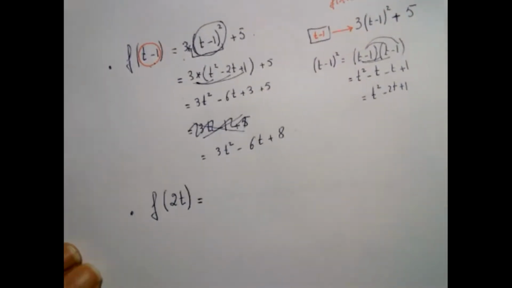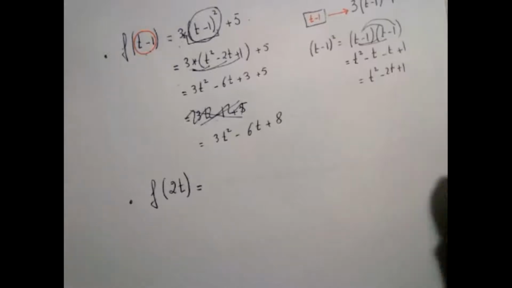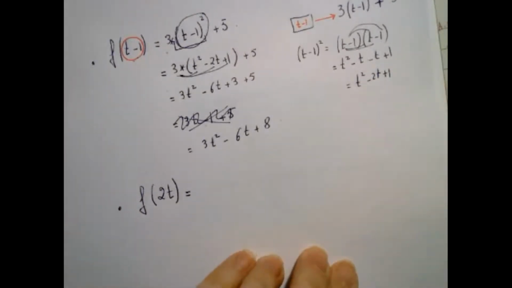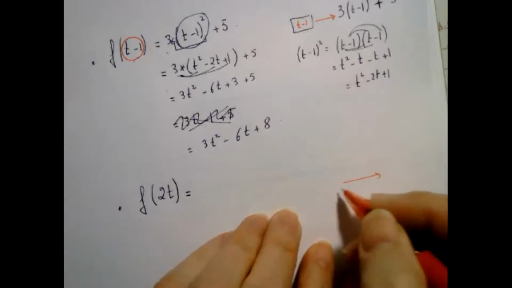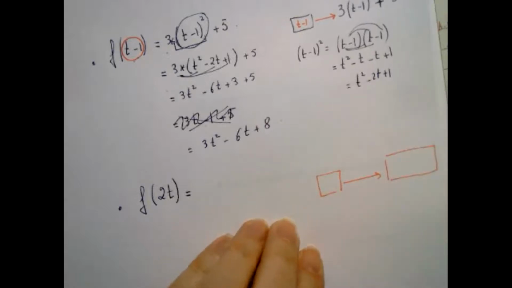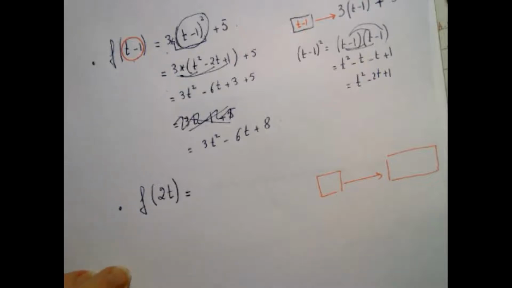Now, the last one. We're working with functions symbolically in this problem. F of 2t. Again, I'll give you a minute and then I will pick one of you and see what you have got. Always ask yourself, what's this function doing? Give it something. I'm working with the same function exactly. What should it spit out? Two t.